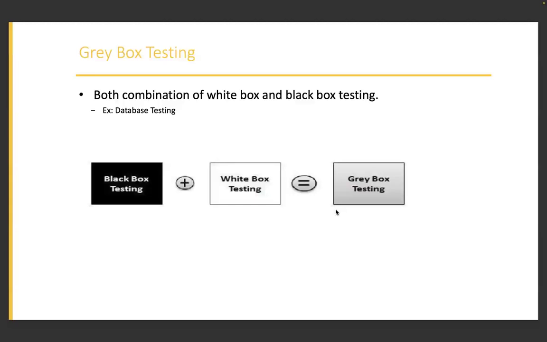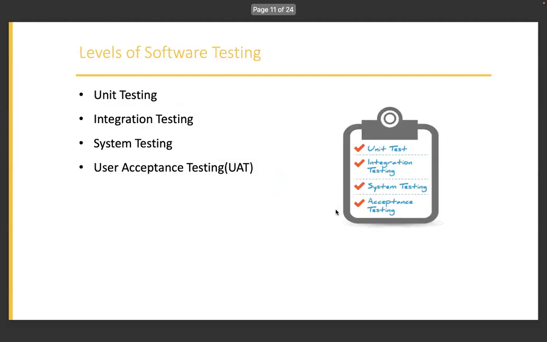Once you have registered on an application, you will get a message saying your registration was completed. After that, you will go to the DB and run a query to check whether the data you inserted during registration is being reflected or not. So that comes under the gray box testing strategy.